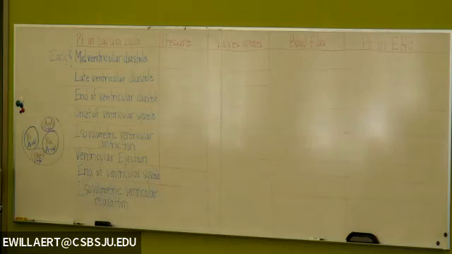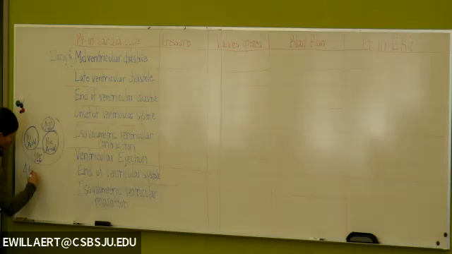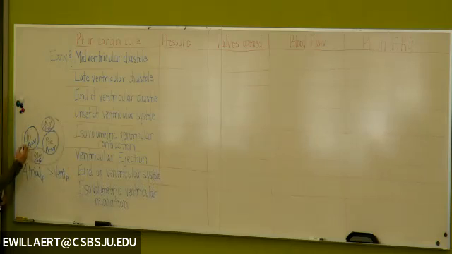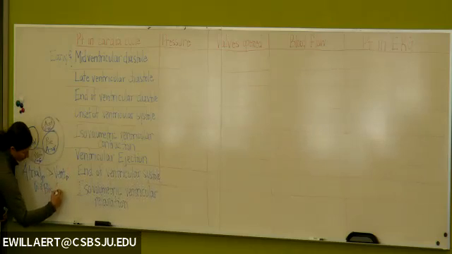So if atrial pressure is greater than ventricular pressure, our tricuspid and bicuspid are open.